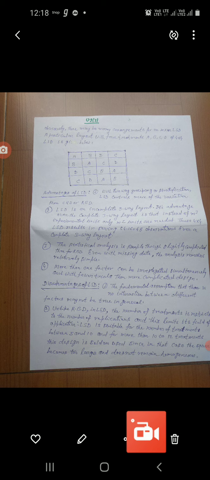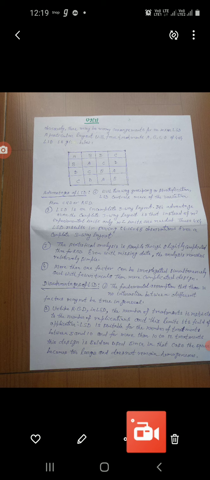Now we will discuss the advantages of LSD. There are so many advantages of LSD. Some chief advantages are as follows. Number one, two-way grouping or stratification. Two-way means we are controlling the fertility gradient in two ways, row-wise and column-wise, that is, parallel and perpendicular.